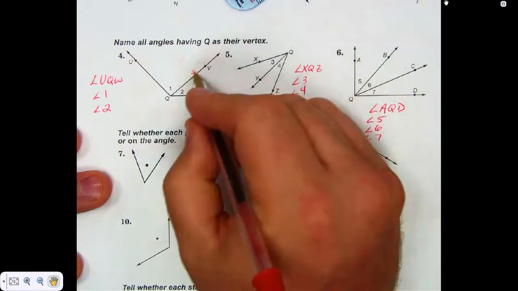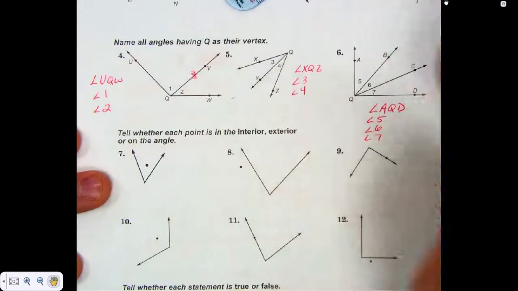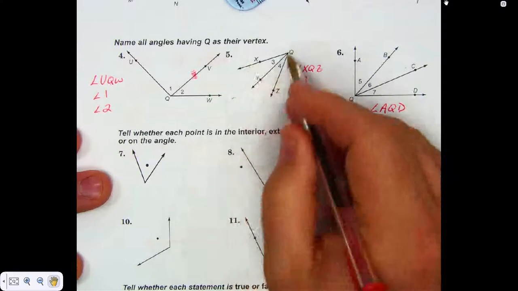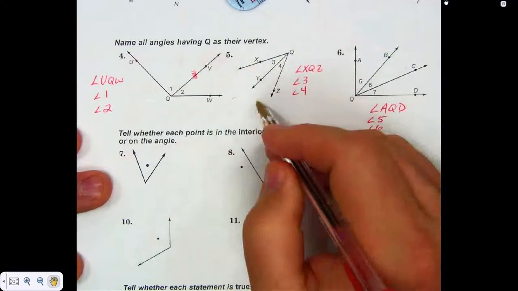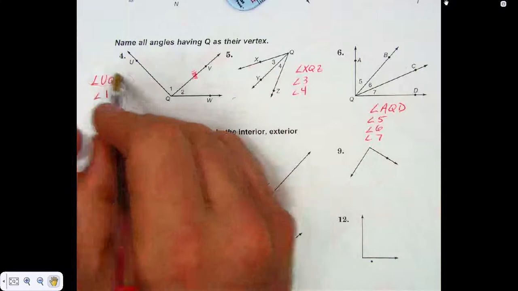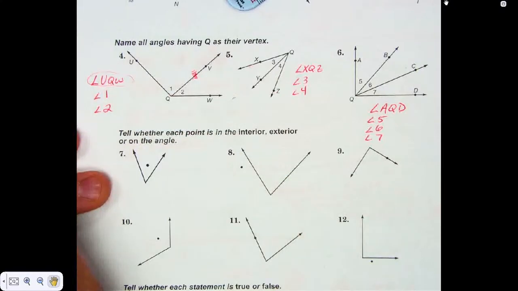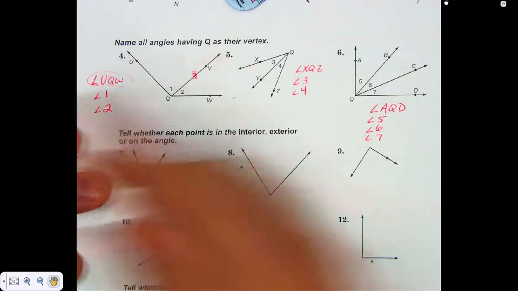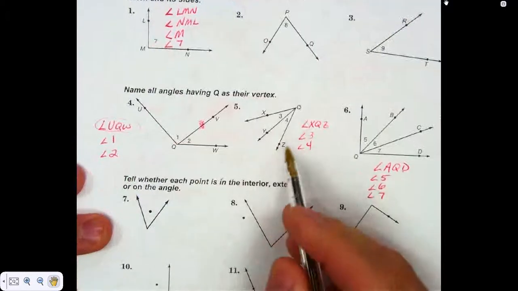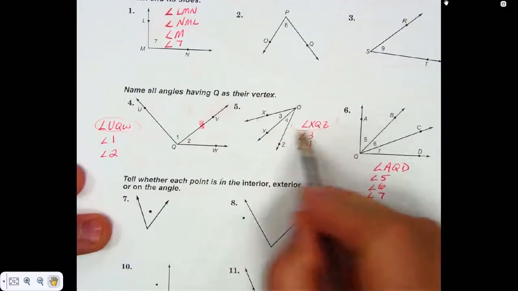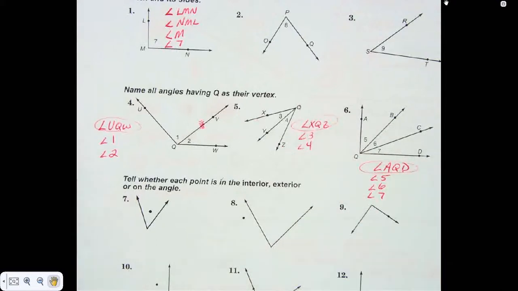You want there to be no doubt we know what you're talking about. So each time the big angle had all the little angles in between it, we had to use what? The only way that works every time is that way. Just naming the vertex like we did up here, or using numbers, only works some of the times. The only way that can work every time for every angle is those.